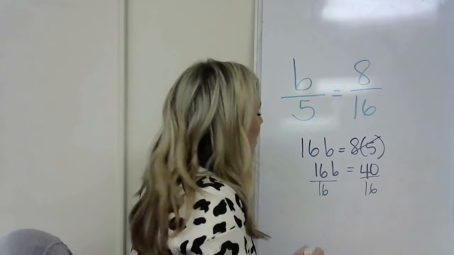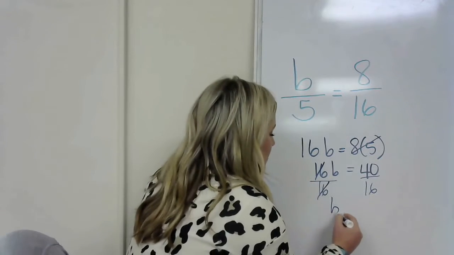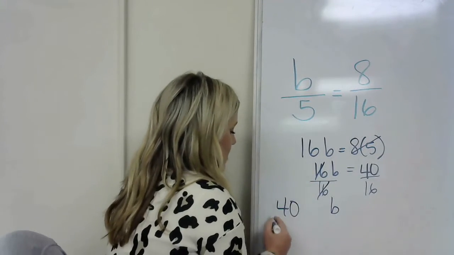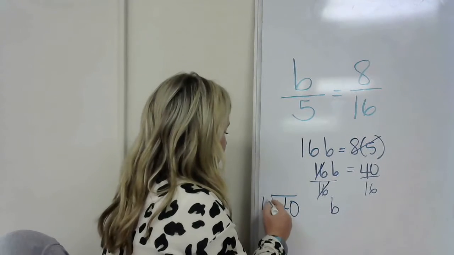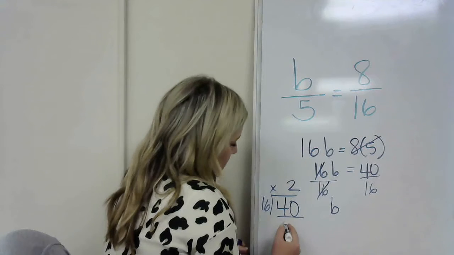We'll see. All right, so when I divide 16 by 16, I get just the letter B. And then I'm going to have to do 40 divided by 16 over here because I can't mentally do that. Okay, 16 will go into 40 2 times. 2 times 16 is 32.